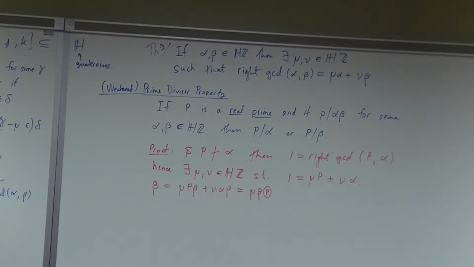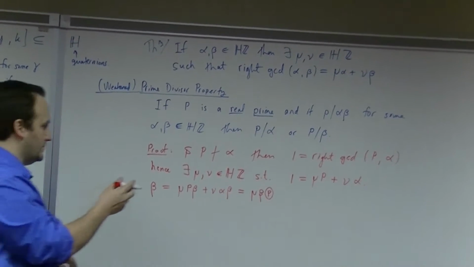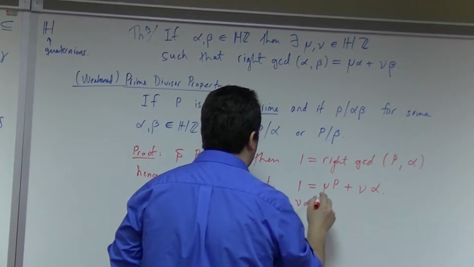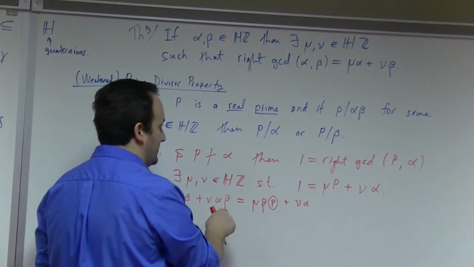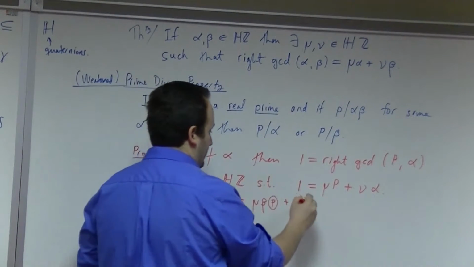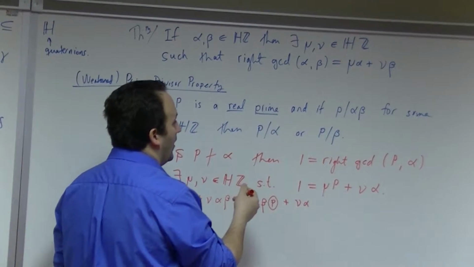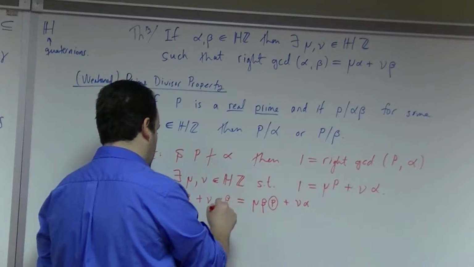You can move that to the right, and then we've got nu alpha beta. Now, I suppose I could trade this alpha beta for what? You can trade alpha beta for P divides. Oh, yeah, that's also true. Okay, so let's do that.